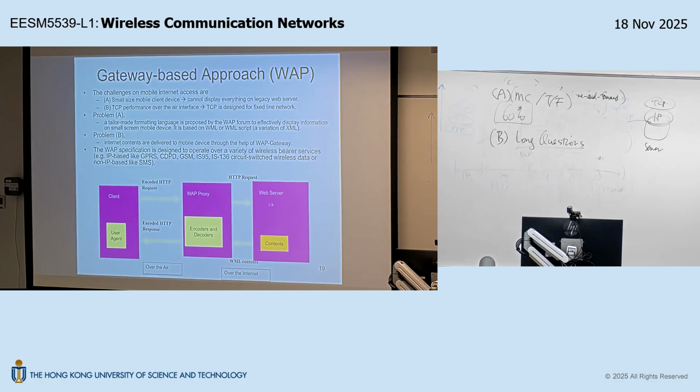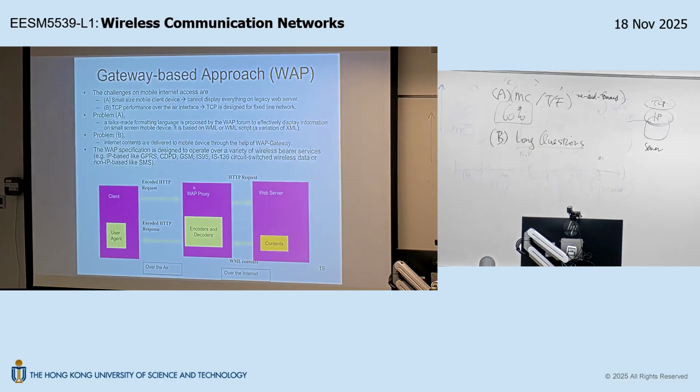It's only between the server and the proxy. And then from the proxy, you have another transport layer connection, which is proprietary to the WAP protocol stack. In this way, you avoid terminating the TCP over the radio interface, and you avoid falsely triggering the congestion control mechanism. Is that okay?